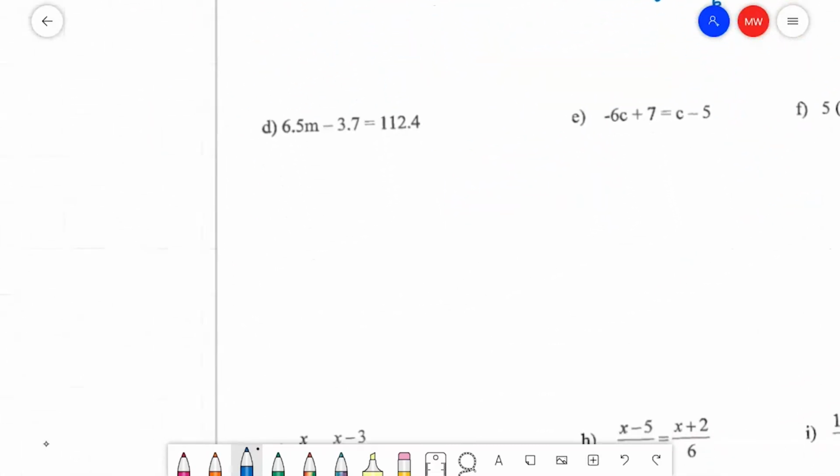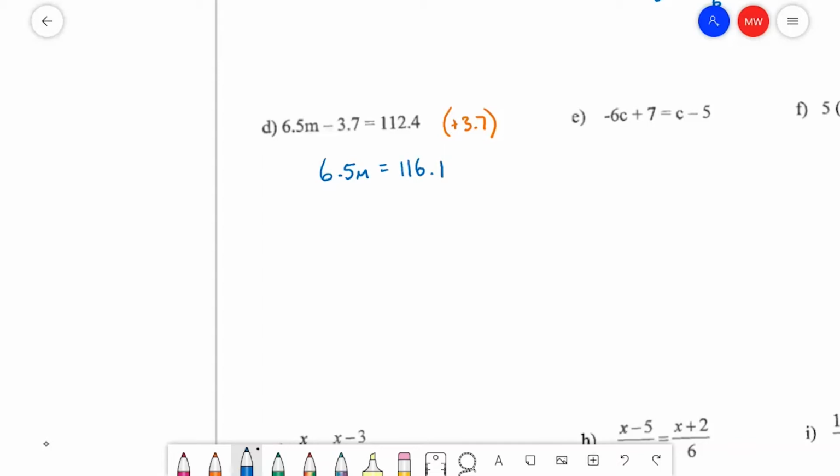1d, this one's got decimals in it, but don't be deterred, it's exactly the same. It's just balance method. Let's get rid of that 3.7 first, it's a negative number. So what we'll do in orange is add 3.7 to both sides. And now all I have left is 6.5 m's, and on the right I'll have 116.1.